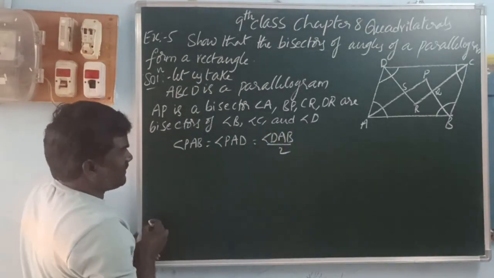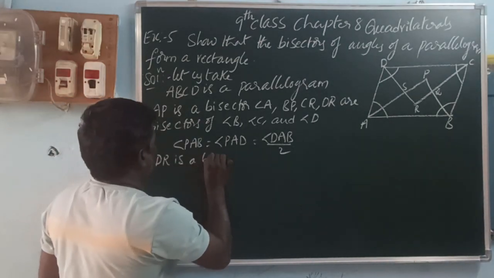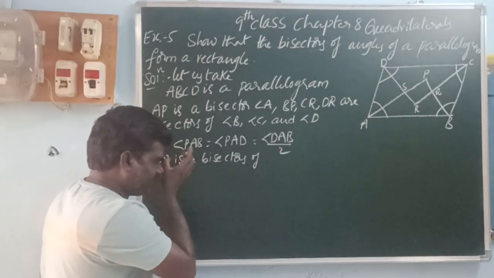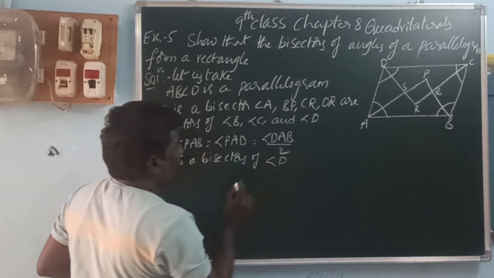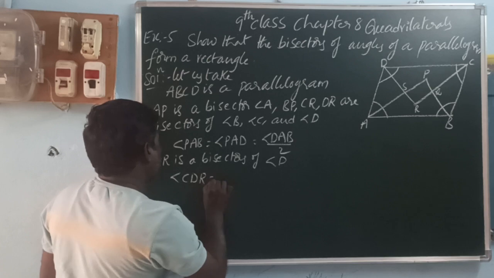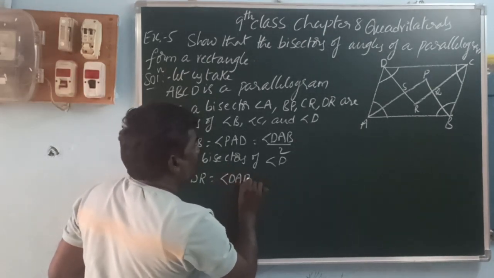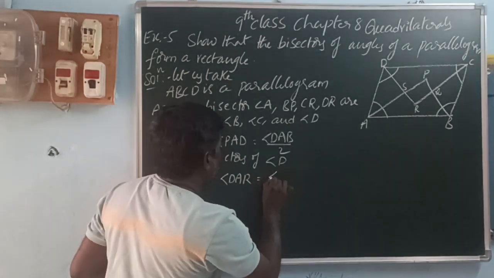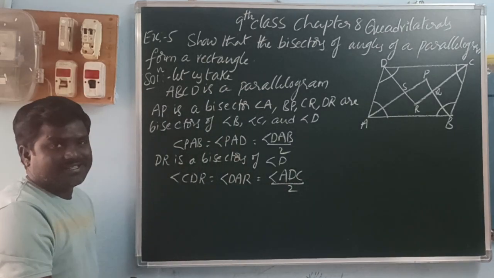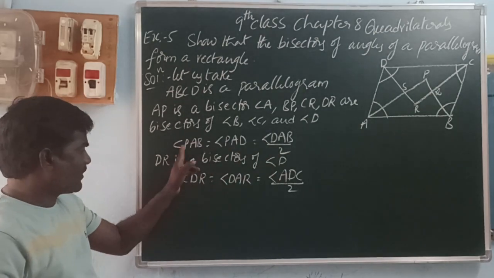Next angle D. DR is a bisector of angle D. That is, angle CDR is equal to angle ADR, which is equal to angle ADC by 2.